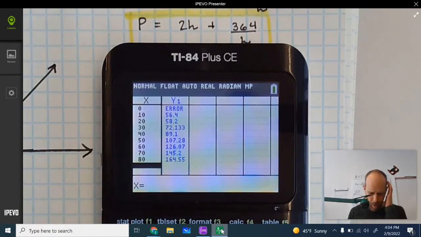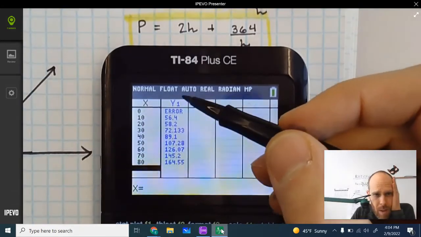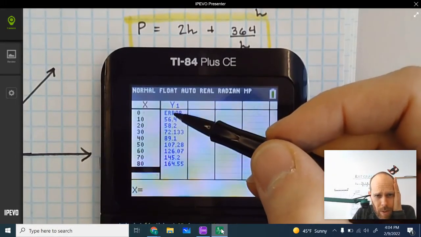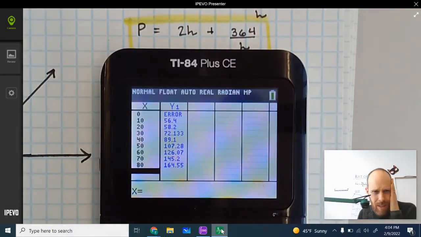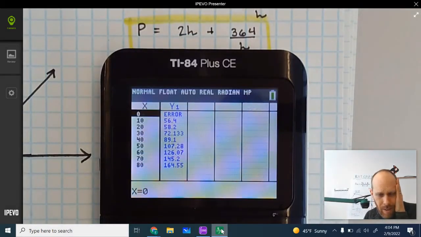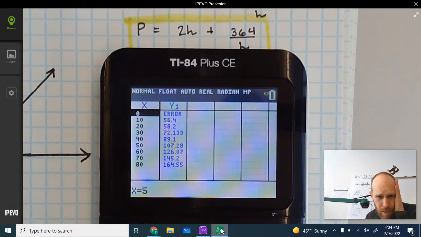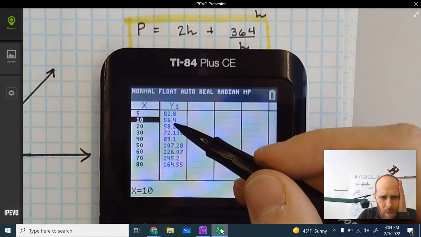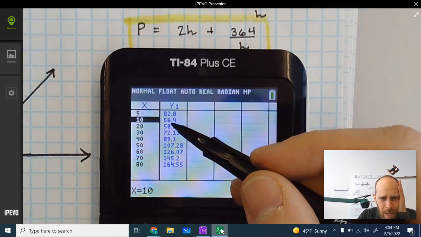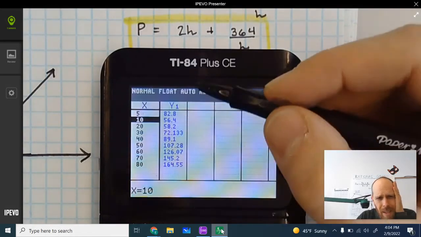Okay, now we can see it. So the value is dropping until, actually, it looks like it's somewhere before 10, doesn't it? What does it look like at 5? Okay. So somewhere between 5 and 20, we're going to hit some kind of minimum, and then it's going to start to come up.